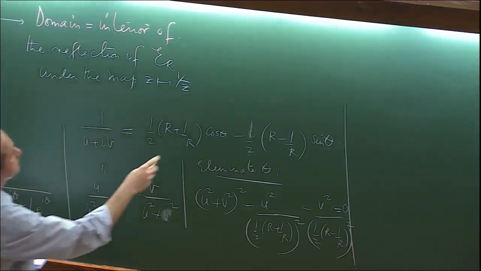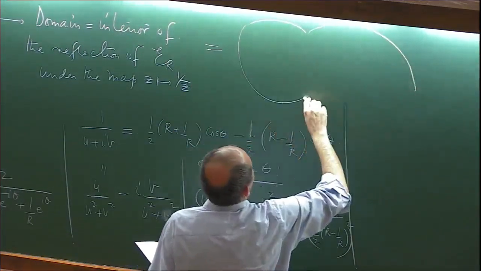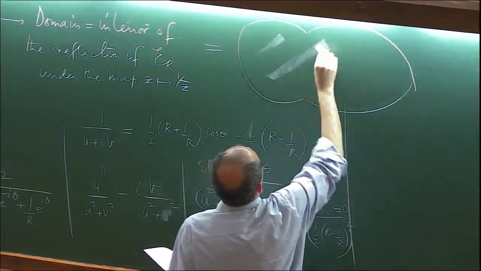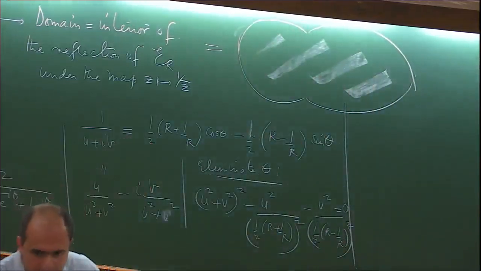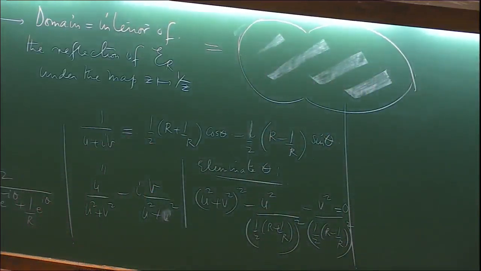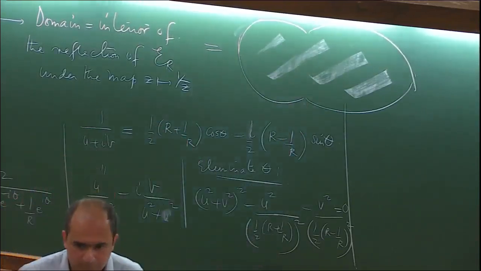So this domain looks like this. It's sort of like two disks that are joined. Non-smooth only at these 2 points where there are 2 cusps. That's all.